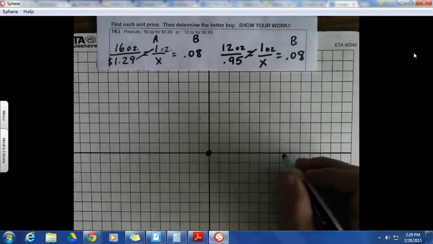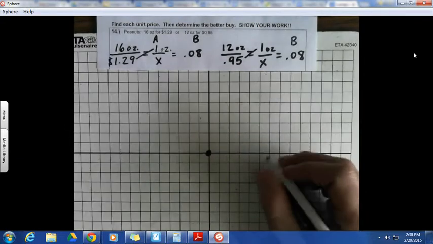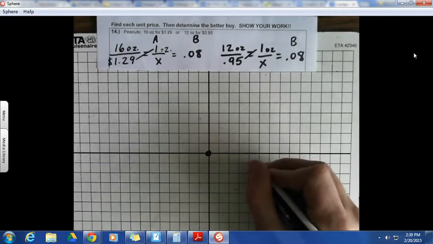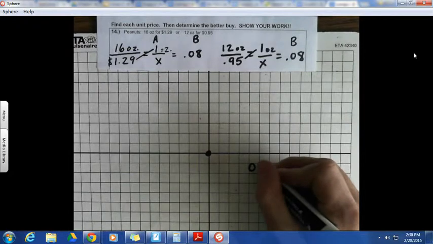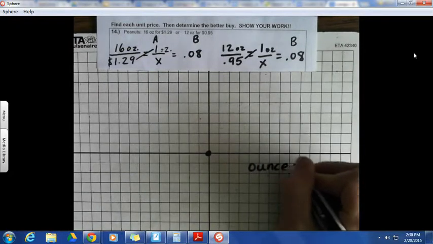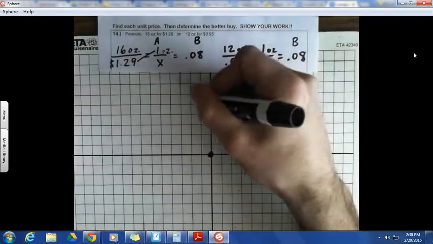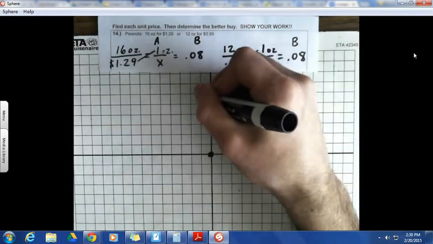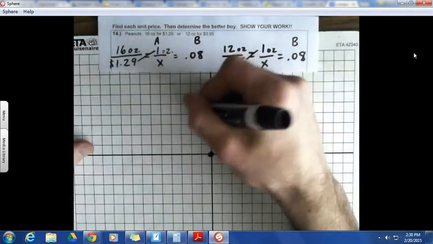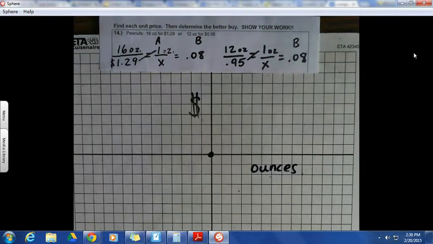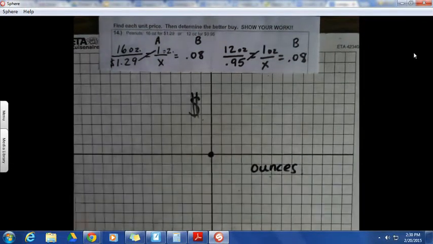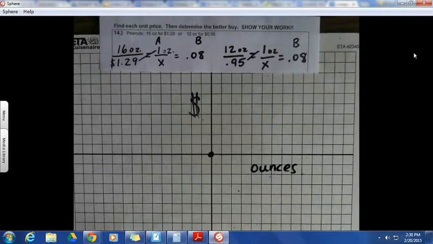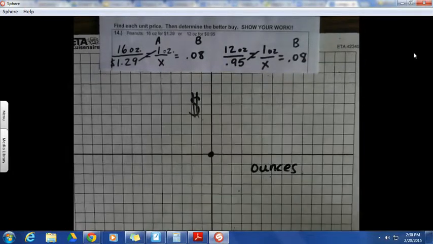Okay, so let's label our axes. We have ounces over here, and we have money on this axis. Okay, so let's graph.